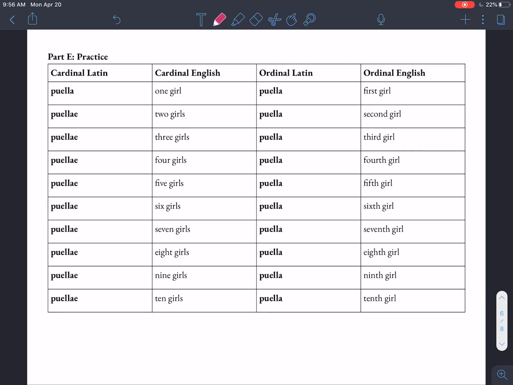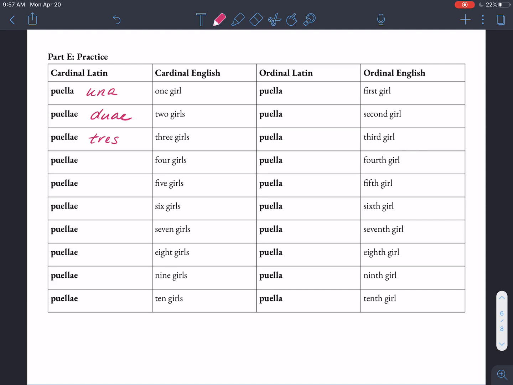So first we've got puella una, puellae duae, and puellae tres. So that's 1, 2, and 3.